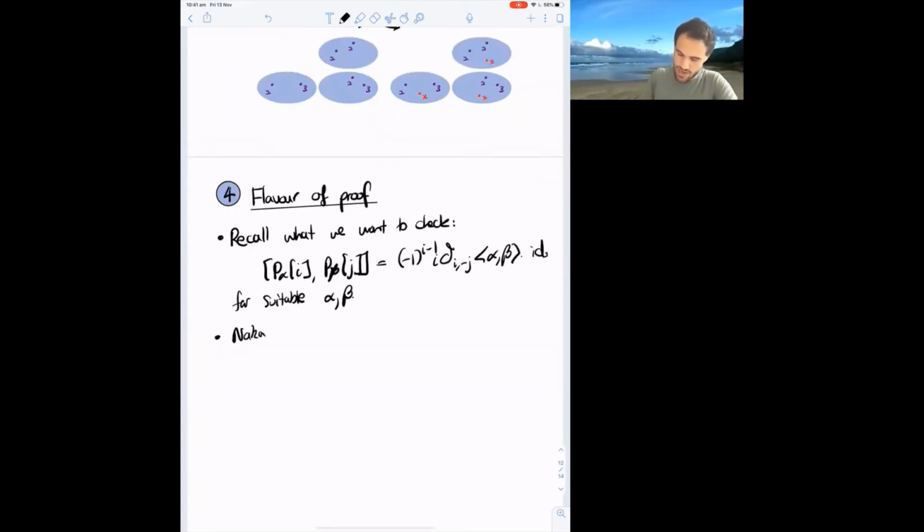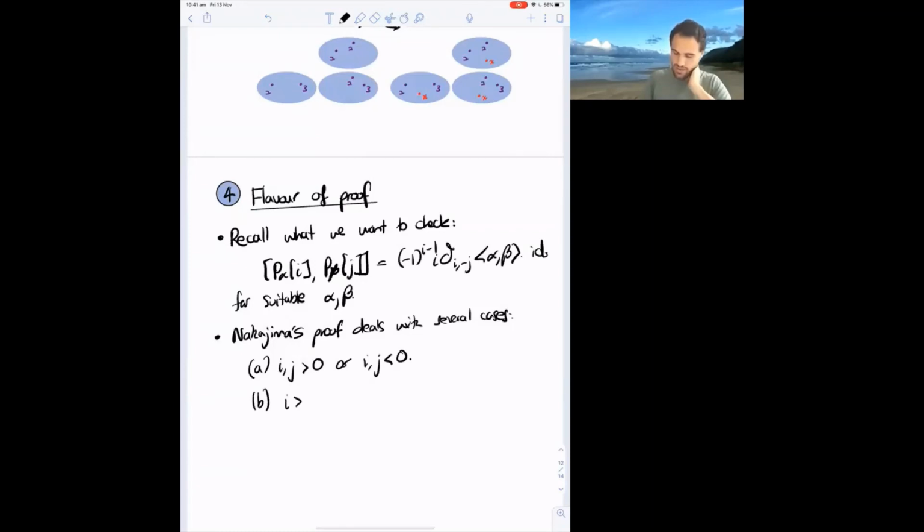So Nakajima breaks his proof into several steps. Basically, things are very different based on whether I and j are positive or not. So the first case is ij greater than 0 or ij less than 0.